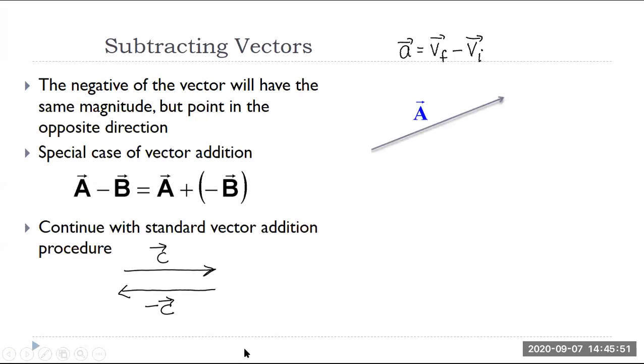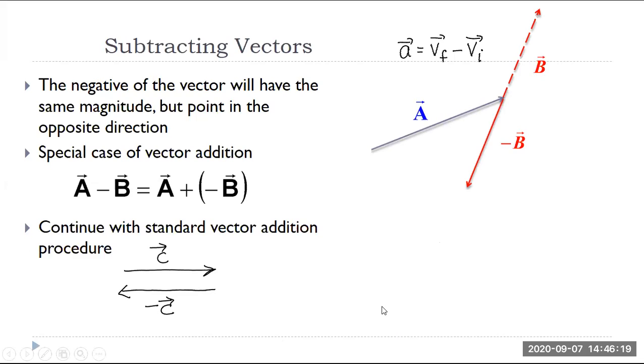Here's my vector A. I'm going to temporarily draw in vector B. Okay, there's my vector B. I want to add A to a negative B. If I want negative B, I have to draw the vector exactly the same length, but exactly in the opposite direction.